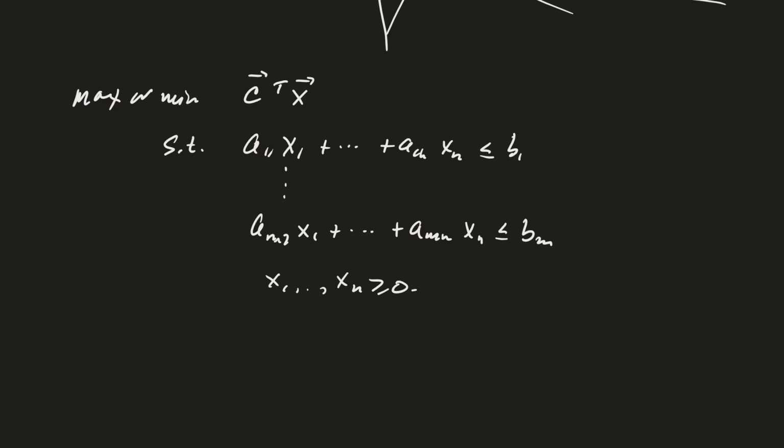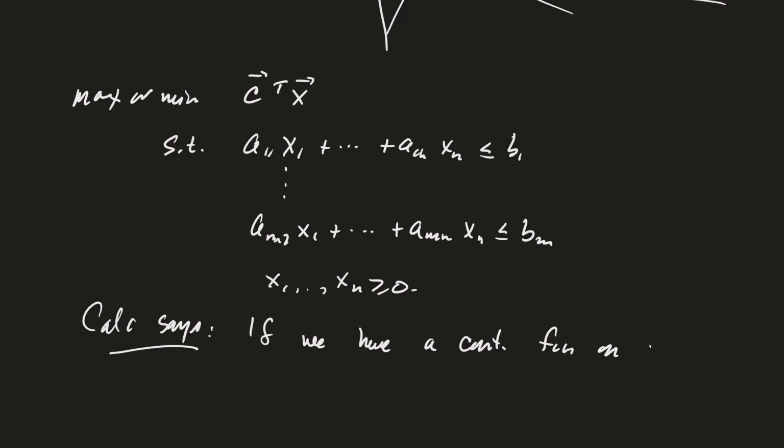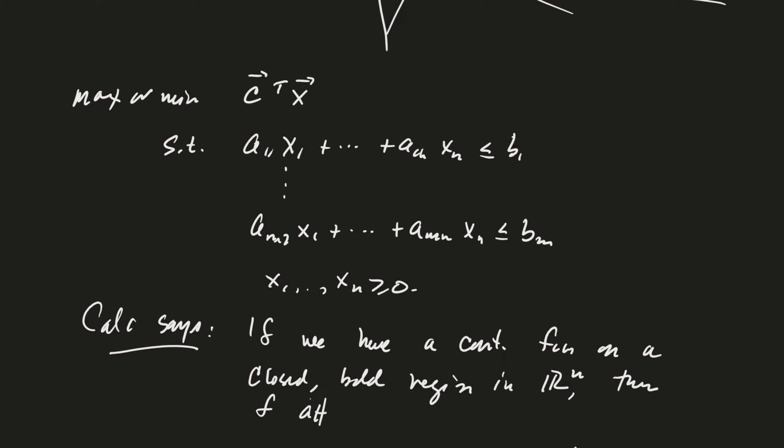Then I want to mention what calculus says about this problem. Calculus says if we have a continuous function over a closed and bounded region in Rn (in Calc 3, the Rn was just R2 or R3), then f attains its global max and min.